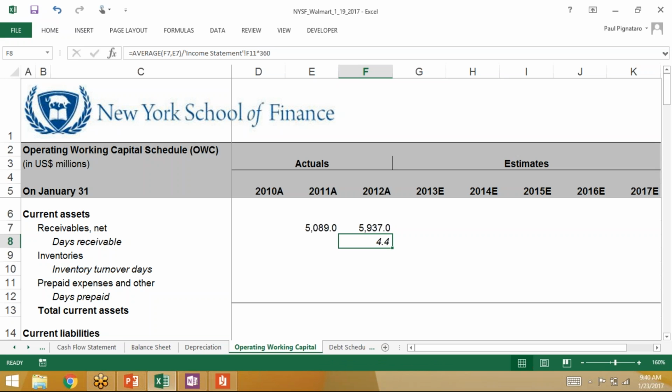Does that have to be based on the income statement or something, or can it just be what I can do for the projections? Yeah, for projections, it could be what you think.